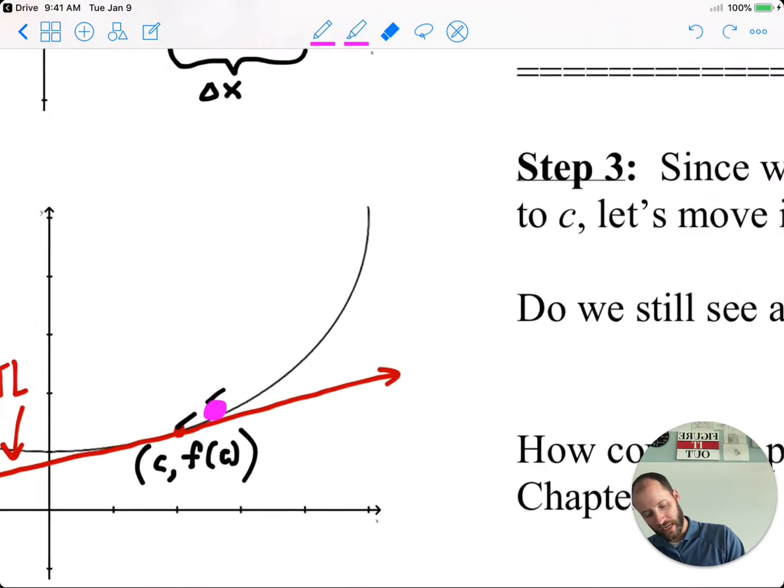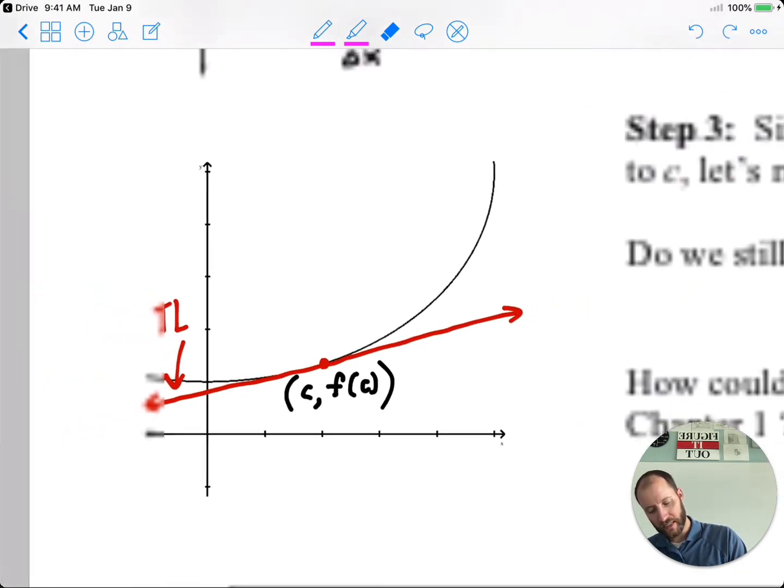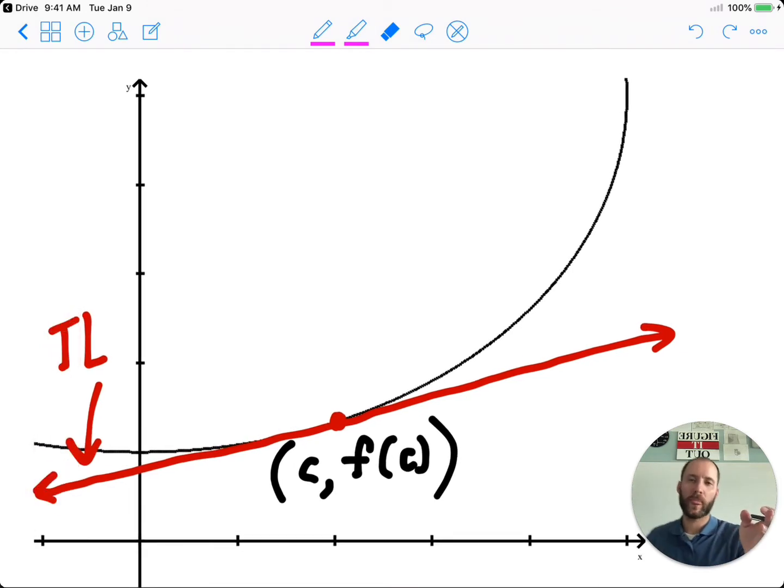Essentially, can I get so close that my point of tangency is also both of my endpoints of my secant line? So now you only have one point to find the slope of. So let's go ahead, let's find the slope.